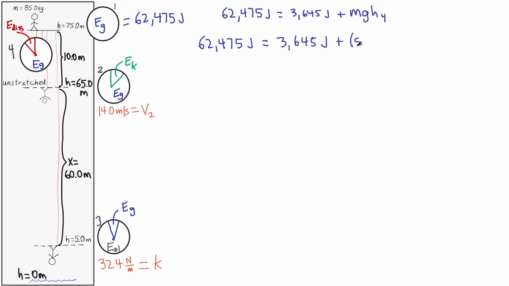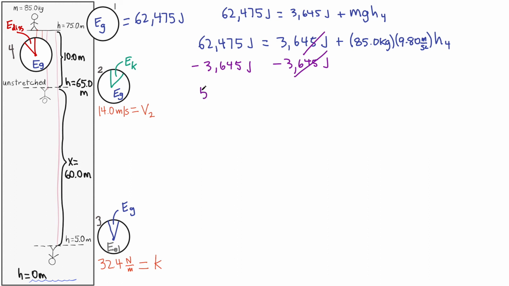The mass, 85 kilograms, times g, 9.8 meters per second squared, times height 4. Let's go ahead and subtract 3,645 joules from each side of the equation. This cancels to 0.